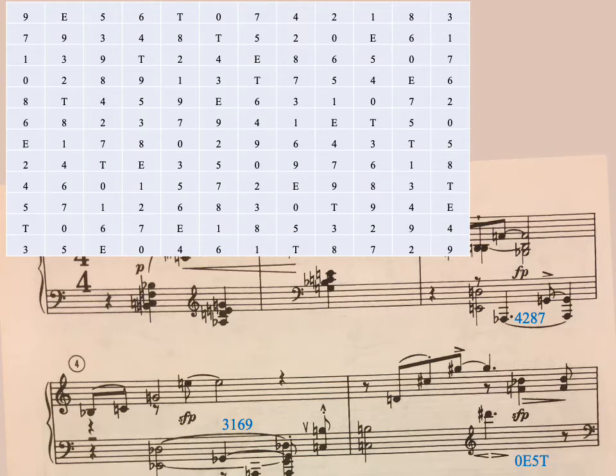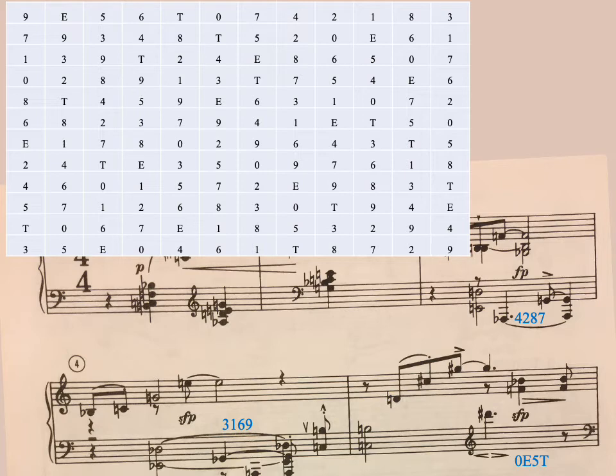And they actually happen, they're sort of spread out. The 0 and the 11 happen at the end of measure 4 going to measure 5, and then the 5 and 10 are in the right hand as the very last two things we hear in measure 5.